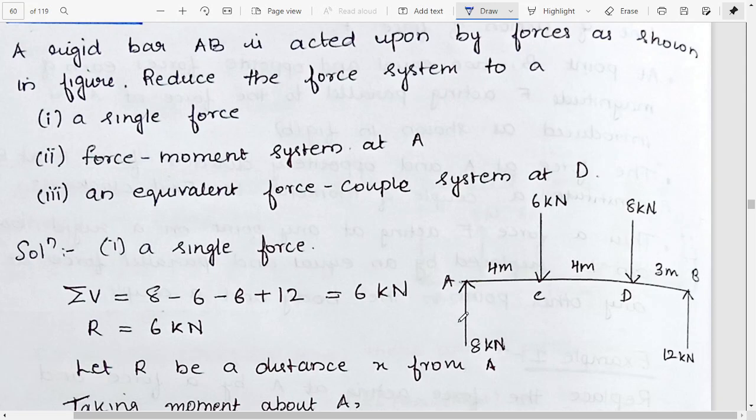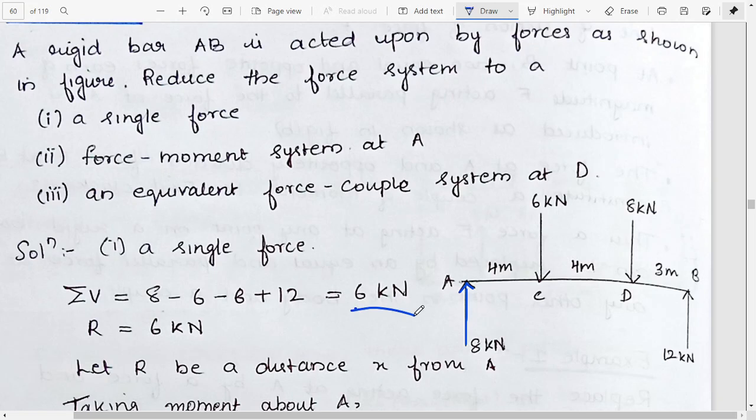First of all, we need to reduce the force system to a single force. So what are the forces here? There is 8 kilonewton on this side, then 6 kilonewton, so it will be 8 minus 6 minus 8 plus 12. So totally we will get a force of 6 kilonewton. So this force will be our single force.